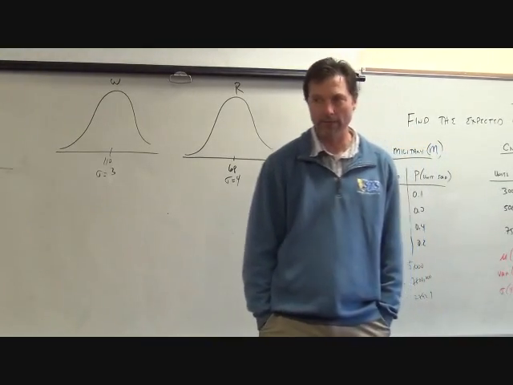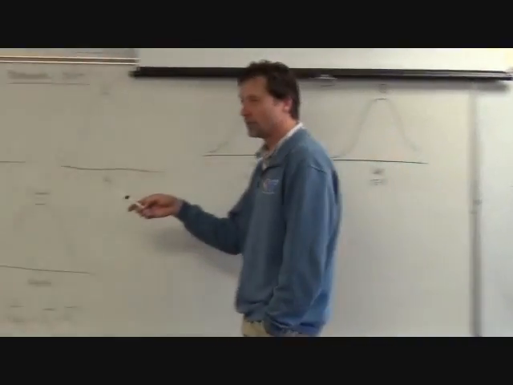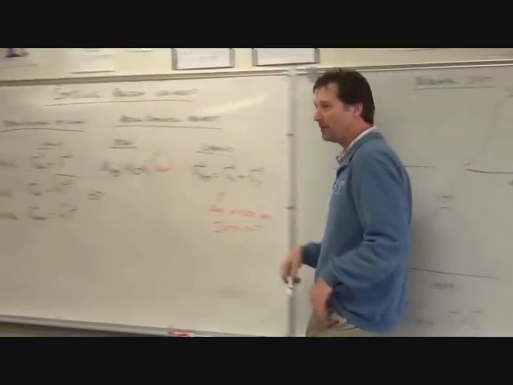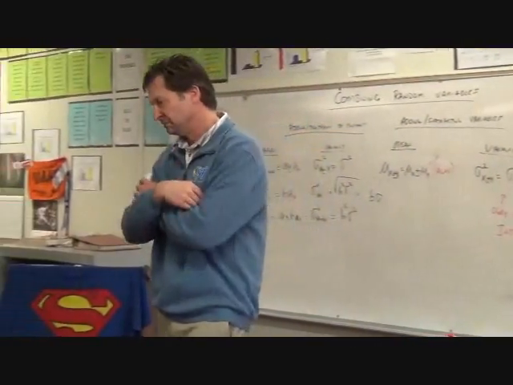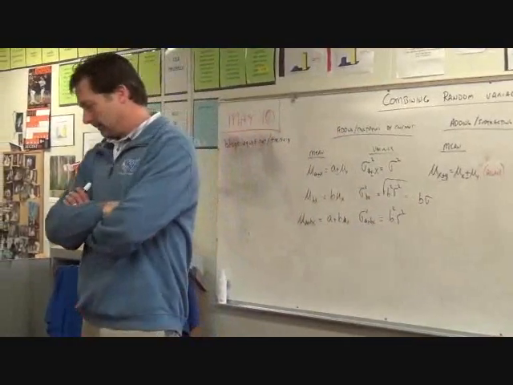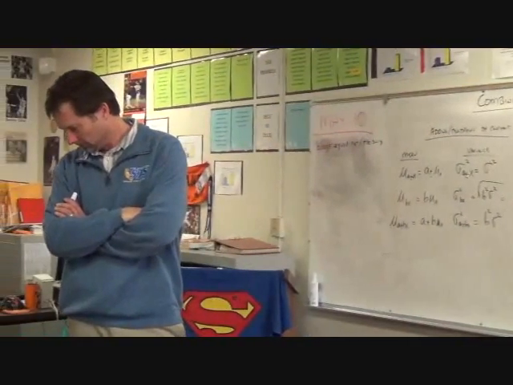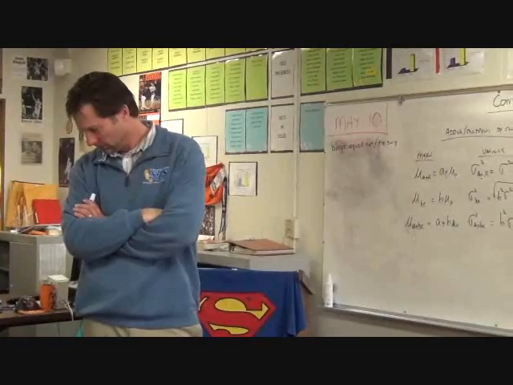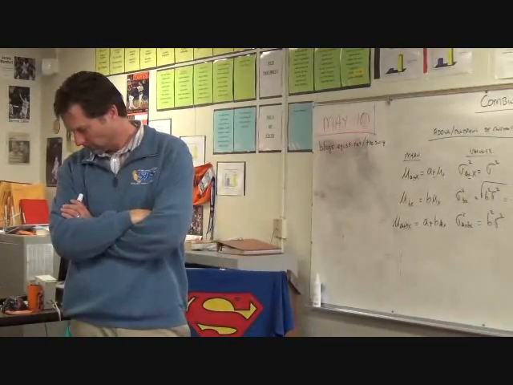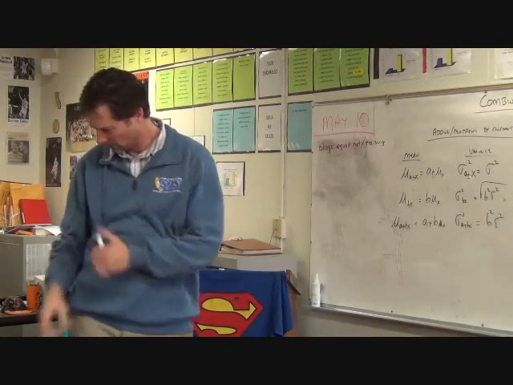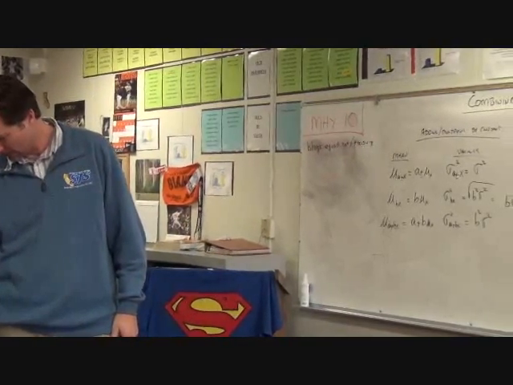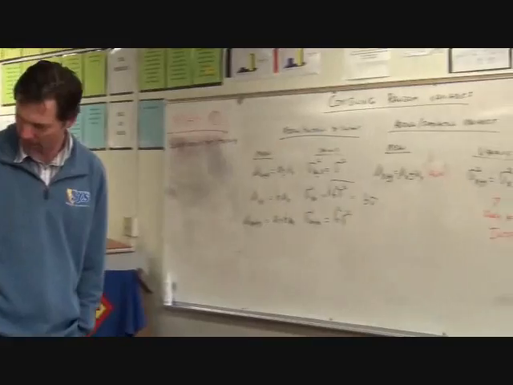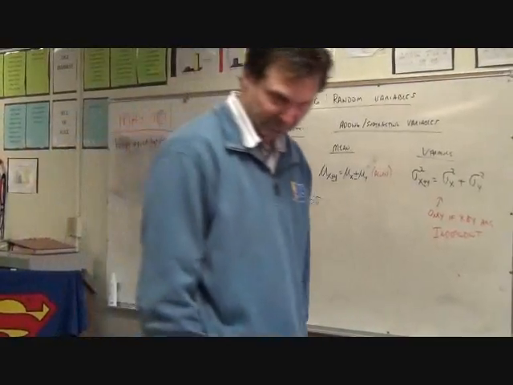What happens when you combine distributions? Can you figure out what the new mean and standard deviation would be of our combined distribution chart? Trying to figure out how many standard deviations we have.